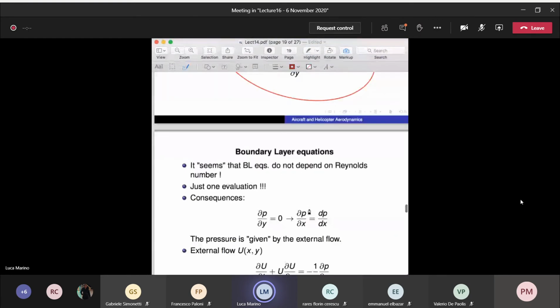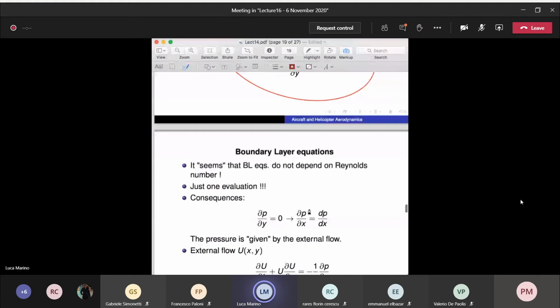This is correct because, as you see, the set of differential equations are just two, and the unknown variables are u and v. So actually p is no longer something that has to be solved as part of the differential equations. It is no longer an unknown quantity.